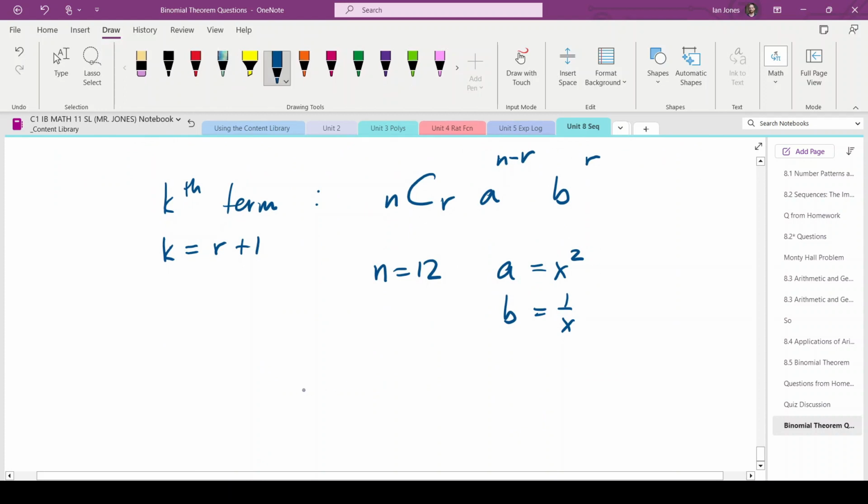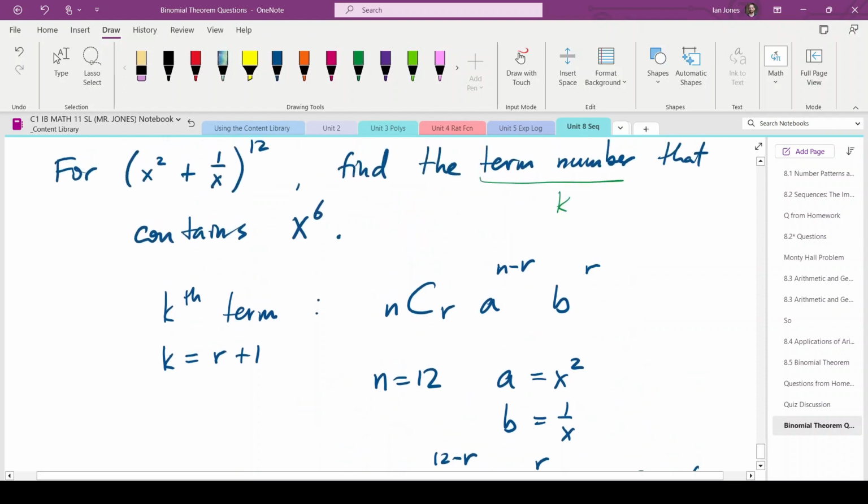So we have 12 choose r, whatever r is, x squared to the 12 minus r, 1 over x to the r, and this is going to equal something x to the 6th, because that's what we're asked to do.